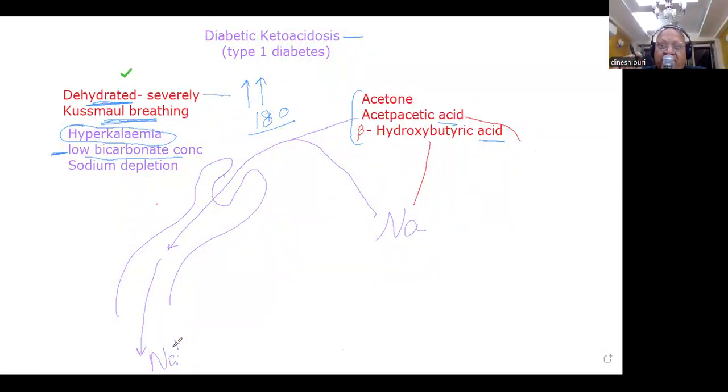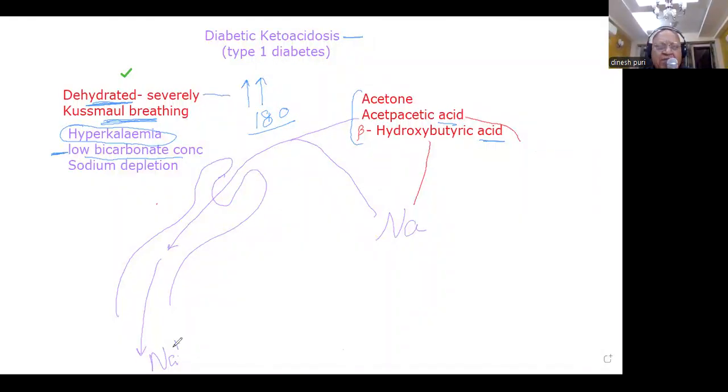The reason for that is that there is always isotonic loss of sodium. What I mean to say is that whenever sodium is eliminated in the urine, an equivalent amount of water is also eliminated. So total content of sodium in the body will decrease, but the concentration will not be significantly affected.